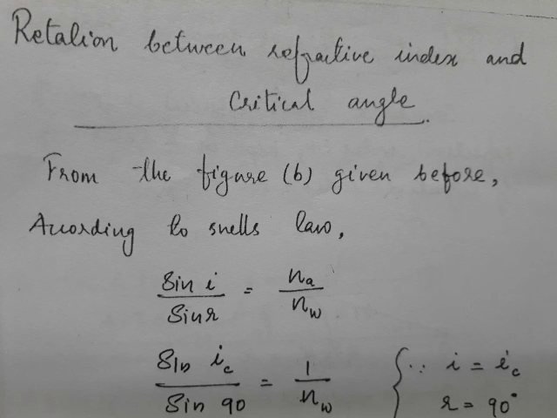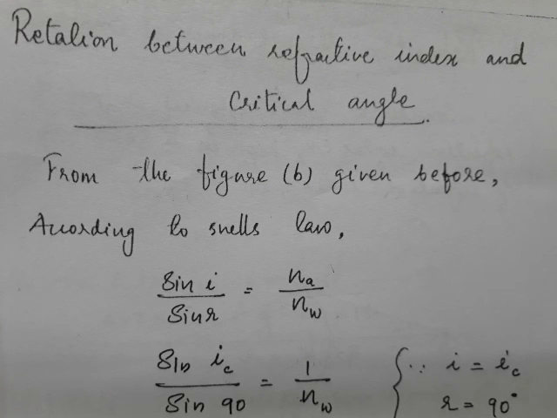So if you apply Snell's law, sin I by sin R is equal to the refractive index of the second medium divided by the refractive index of the first medium, we get the refractive index of the second medium as Na, because the second medium is air, and the refractive index of the first medium is water, Nw. Refractive index of air is Na and the refractive index of water is Nw.